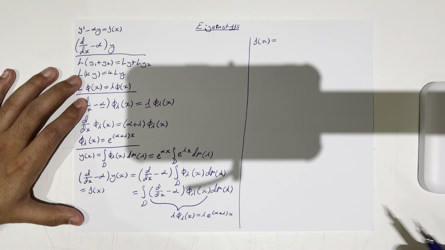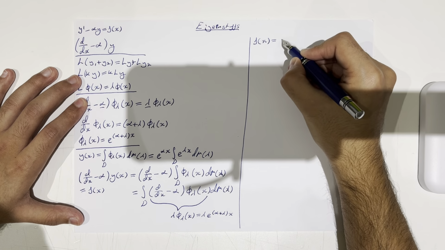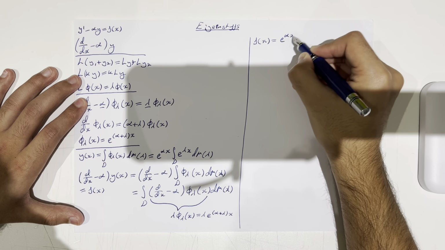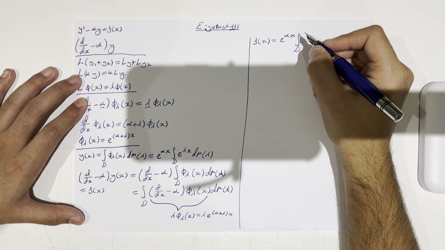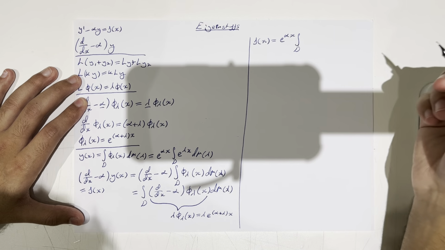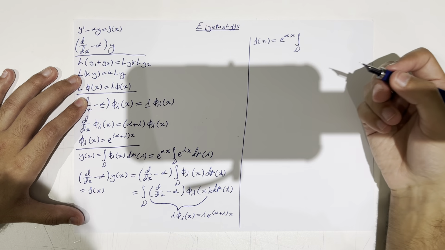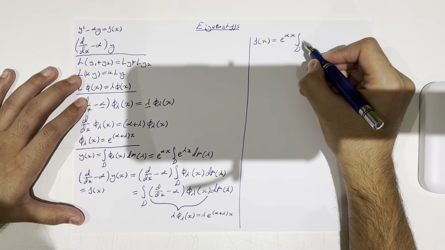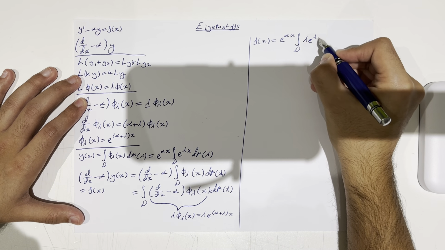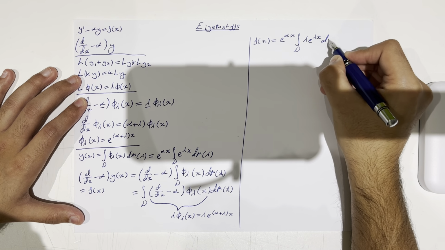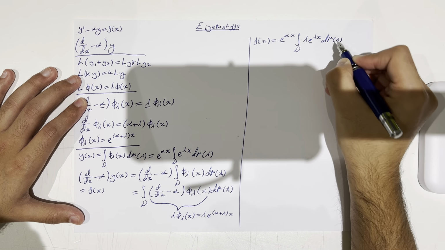We may move that outside of the integral. So we have e to the alpha x times the integral over the domain D, and within the integral, the integrand will be lambda e to the power of lambda x d mu of lambda.